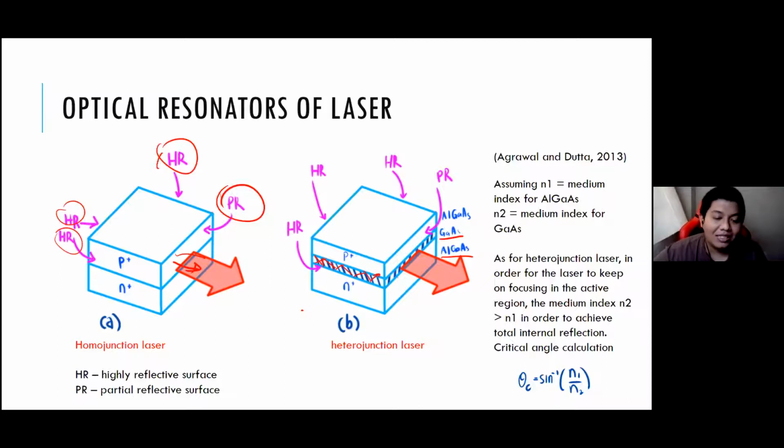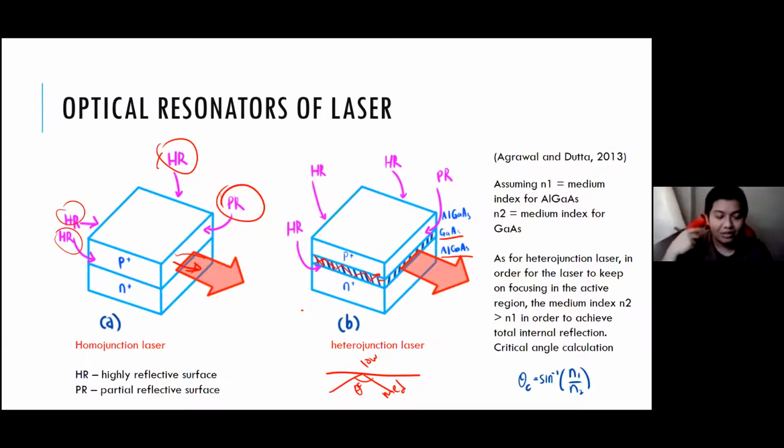And this is a critical angle calculation. Critical angle calculation means that when you have lower density and then you have medium density, if the angle of the reflection is more than the critical angle, the light will be reflected totally inside the active layer here.